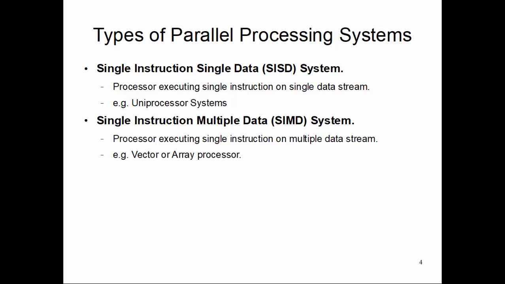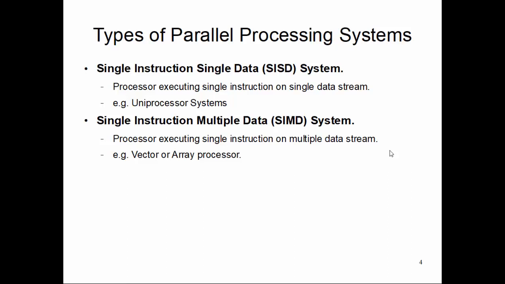Then we have single instruction multiple data systems, like a processor executing one instruction, but that instruction being applied to multiple data streams. For example, a vector or array processor, as in a GPU, for example NVIDIA GPU. GPU is basically all about matrix manipulation and matrix operation.